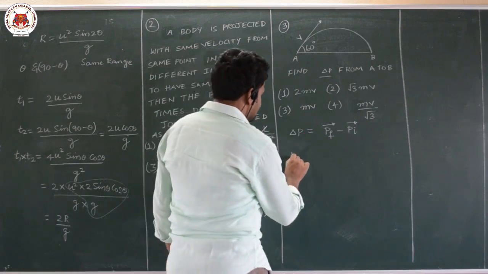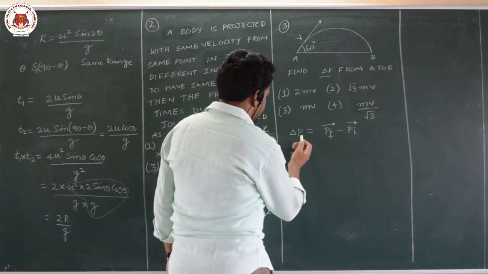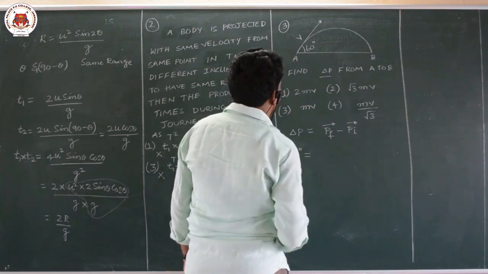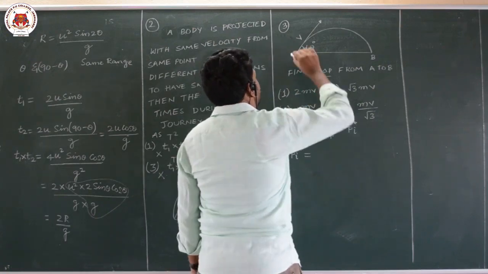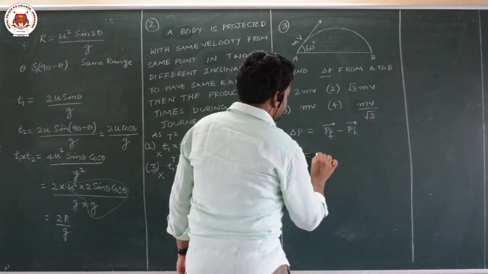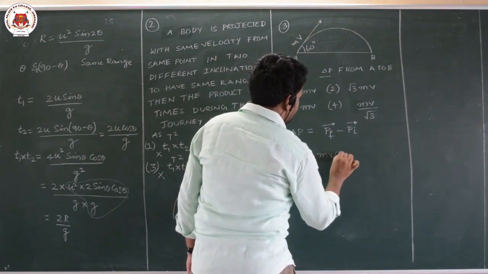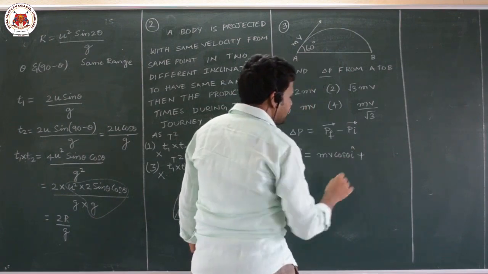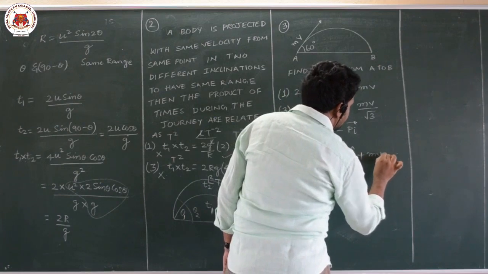Initial momentum P initial is equal to, see, I have given a momentum mv in this direction, that is nothing but mv cos theta i cap plus mv sin theta j cap.